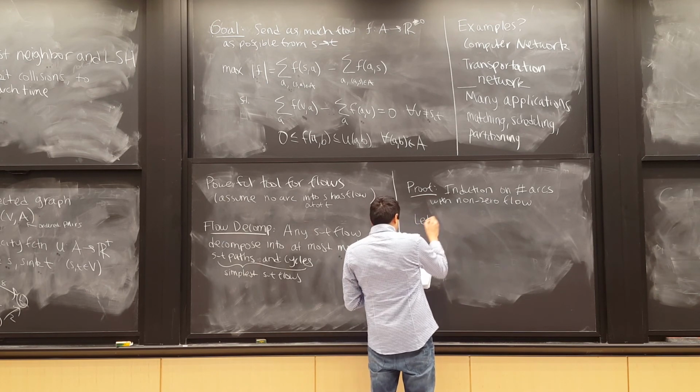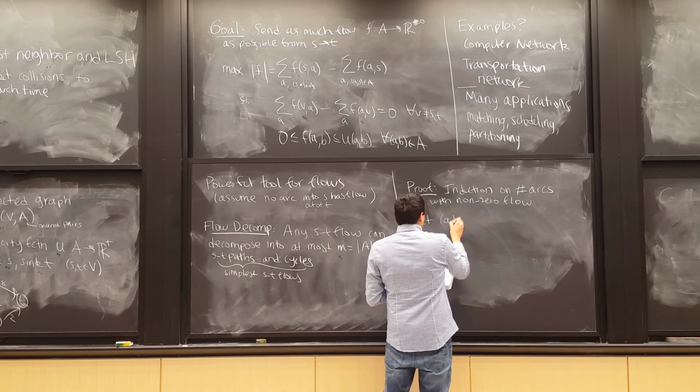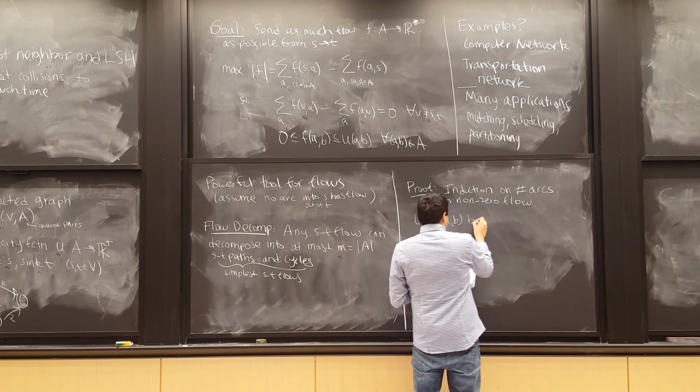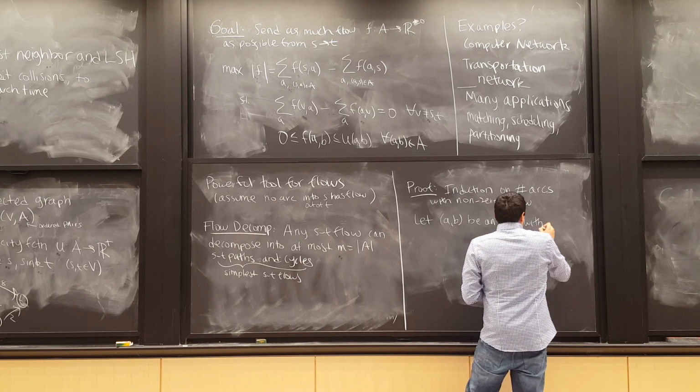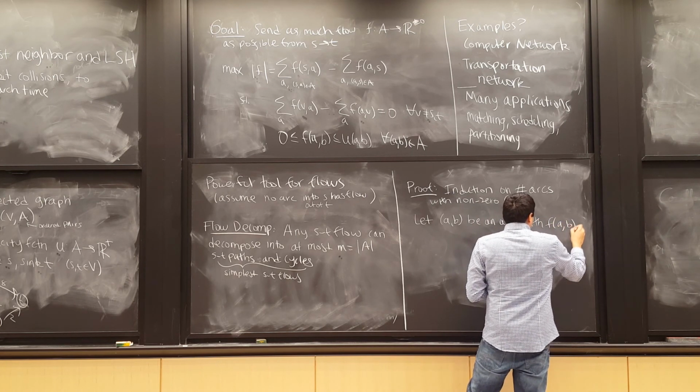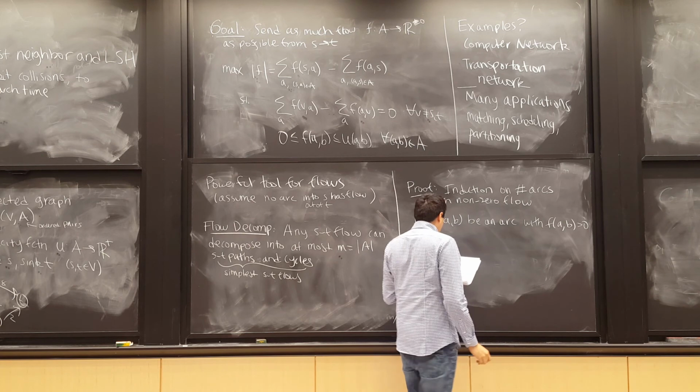So what else can we do but consider an arbitrary arc AB with non-zero flow. So it's got flow greater than 0.